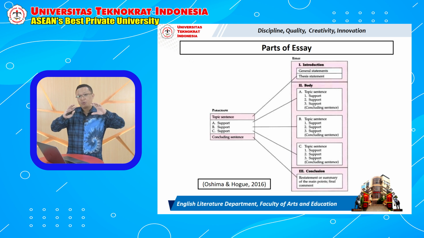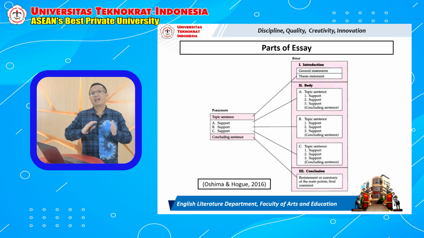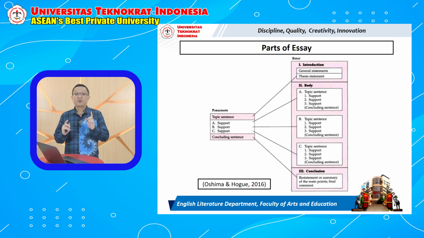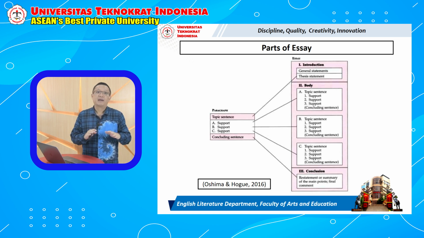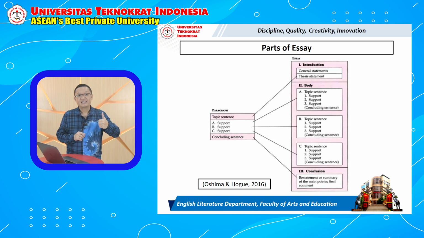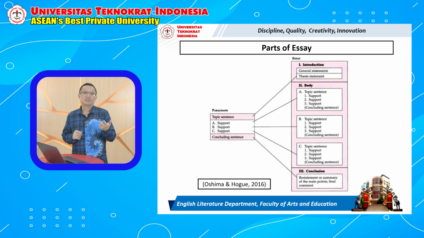Now, I want to show you, briefly, what is the difference between a paragraph and an essay. Last semester, you already learned about paragraph writing. Normally, a paragraph consists of one topic sentence, several supporting sentences, and a concluding sentence.